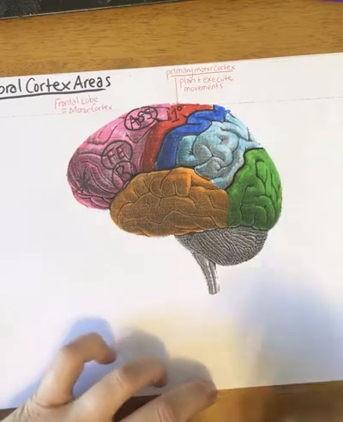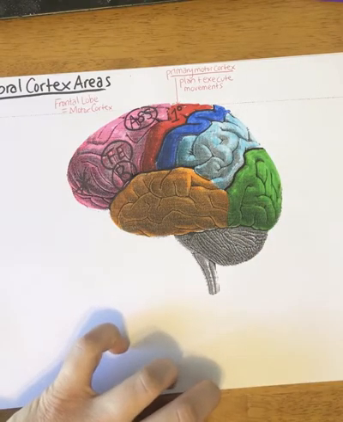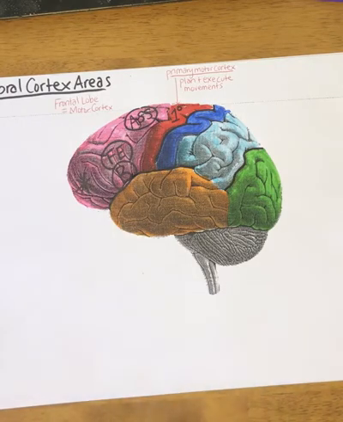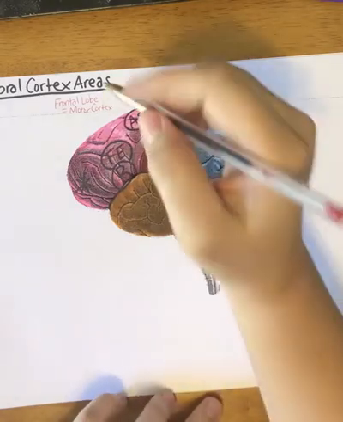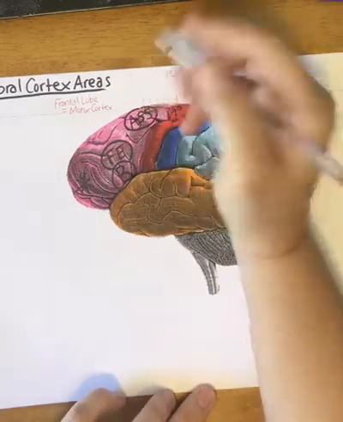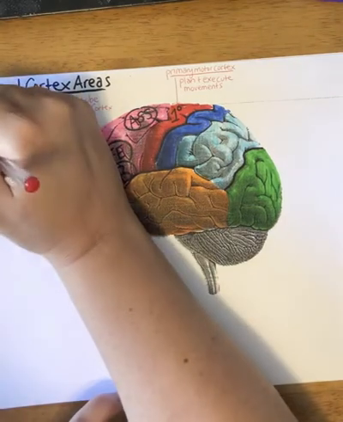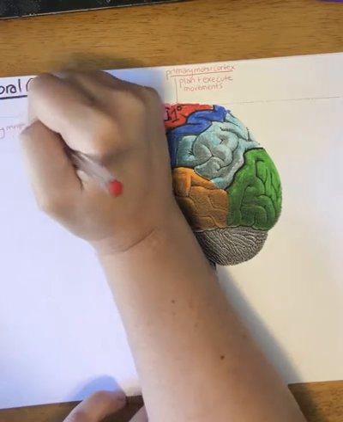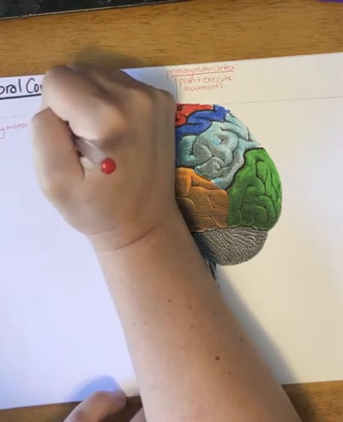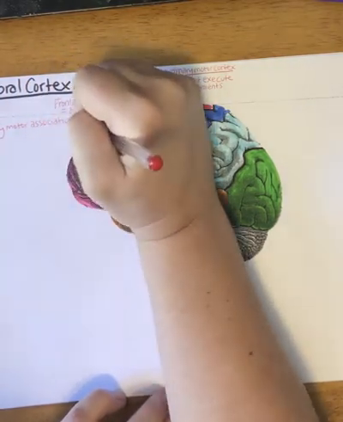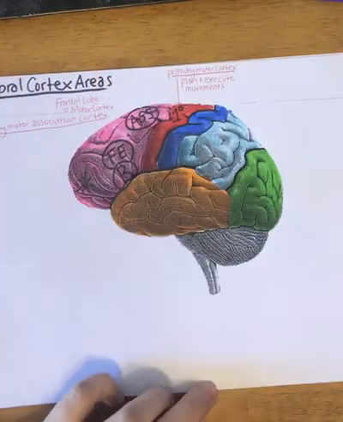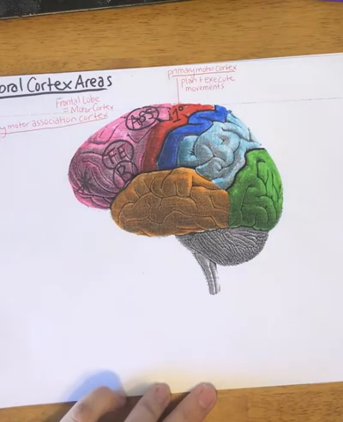So if I ask you to pretend to shoot a basket, like using a basketball, or to pretend that you're batting, this would be your primary motor association cortex. This is going to give you memory.